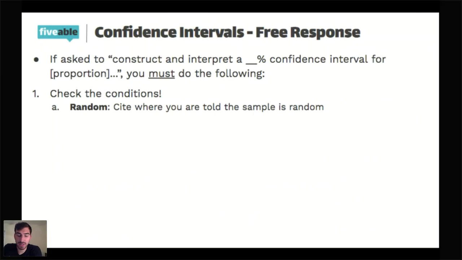The 10% condition, rubrics in years past have not explicitly asked for people to check. It's nice if you do, but you can get an E from checking just randomness and normal. But in the case of proportions, what do we mean by normal?